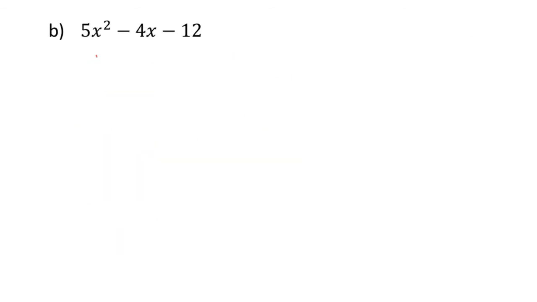Example B, the sum is minus 4 and the product is the multiple of 5 and minus 12, so that's minus 60. So let's think about the factors of 60.